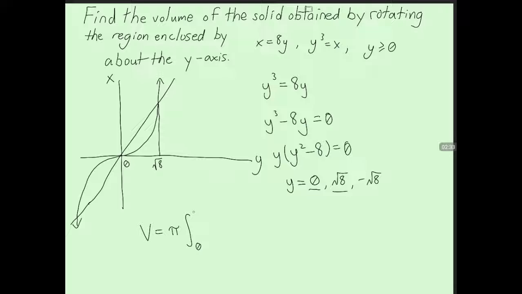These are going to be our upper and lower bounds of integration. And we're going to have this area, which is the area obtained by taking the difference of the two functions, and we're going to rotate that around the y-axis.